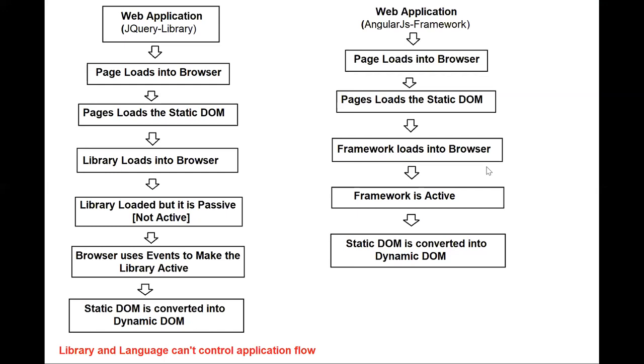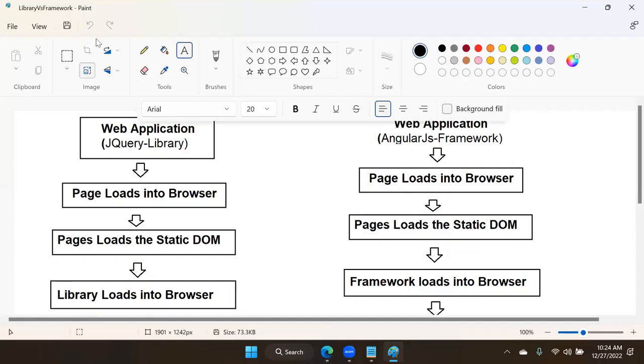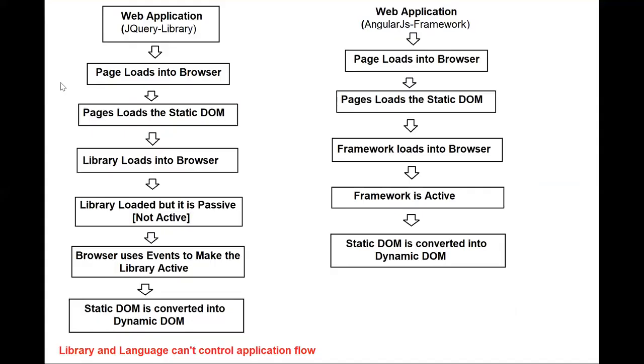Generally what happens is you develop an application with a library. When you develop an application with a library, what happens in the first step? The first page loads into the browser. After loading the page into the browser, it loads the static DOM. After loading the static DOM, the library loads. The library is loaded, but it is not active.